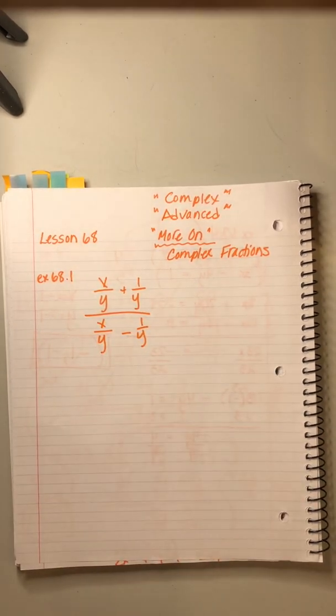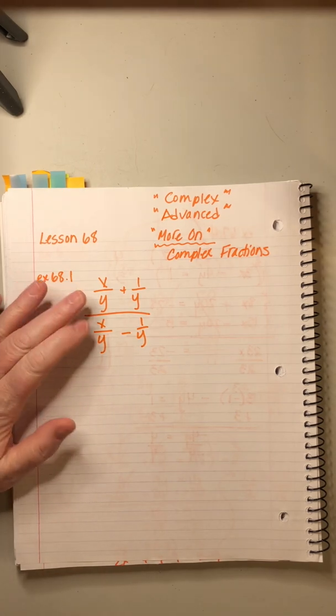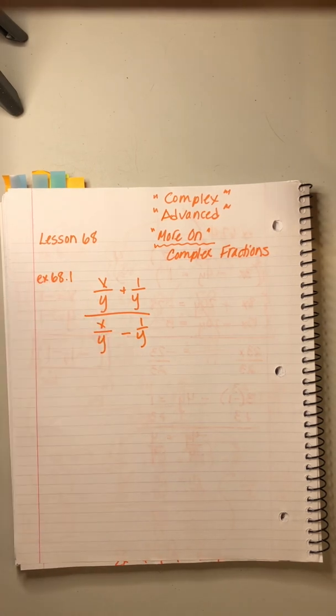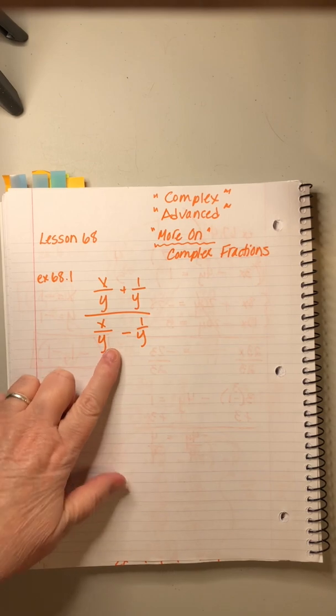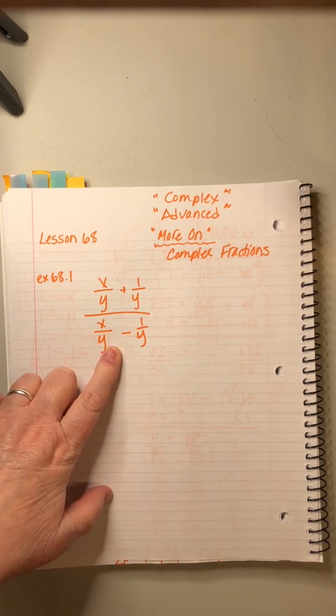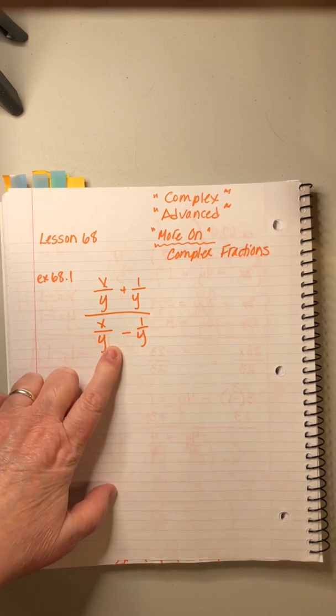Okay, complex fractions, as you recall, are fractions that have more than one division bar. And our goal in these is to reduce them, to simplify them, so they end up with just one division bar. Remember that our goal is to always start at the bottom, and we're trying to turn the denominators into ones. Because if we can turn the denominator into a 1, it goes away, right?